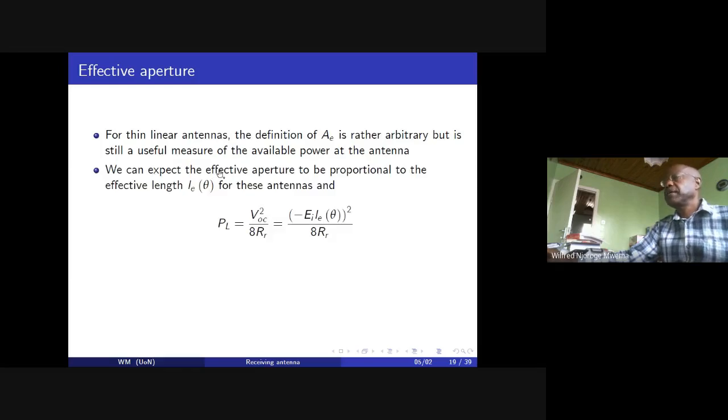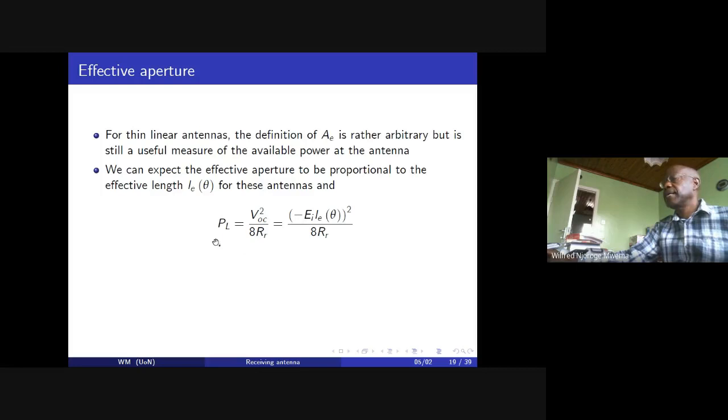So we can expect the effective aperture to be proportional to the effective length L_E(theta) for such kinds of antennas. Remember, the thin linear antennas we are talking about are either the half-wave dipole or the quarter-wave monopole and so forth.